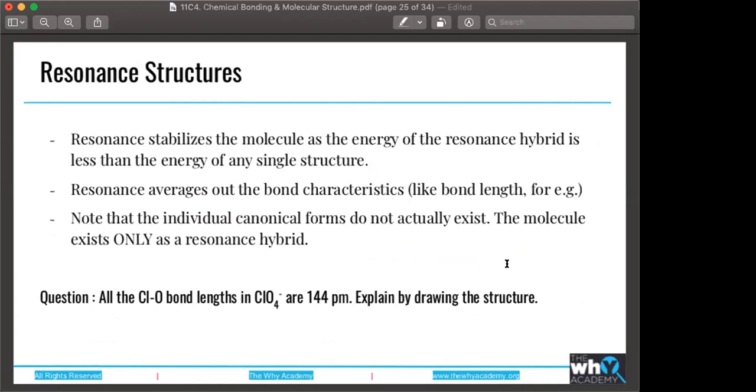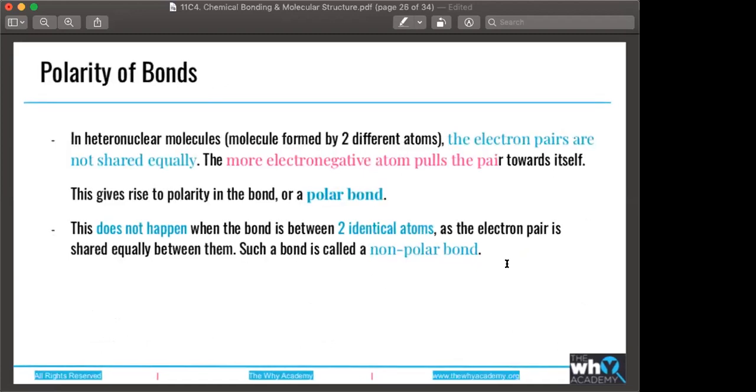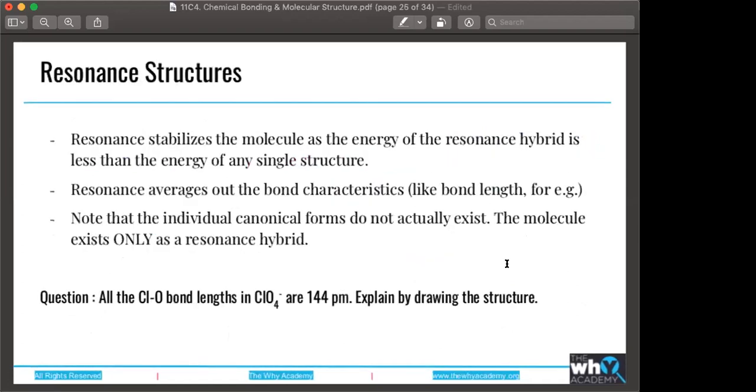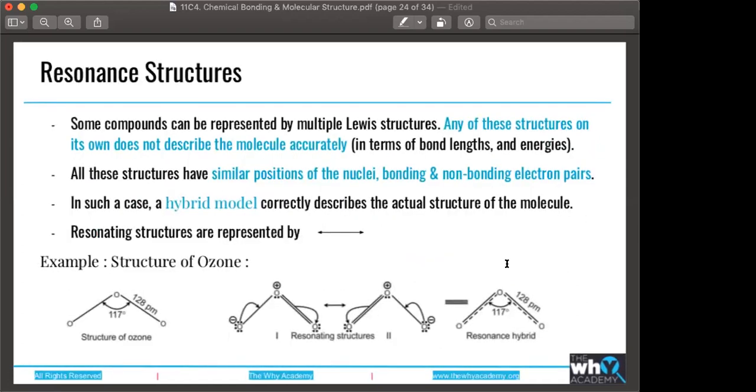But polarity and dipole moment go hand in hand, no? We should do both of them next class only. Yeah, definitely. Because if I start polarity, it's going to take another 20 minutes to practice and everything. I need to go off. Yeah, because this chapter, just like atomic structure, is another heavy chapter.